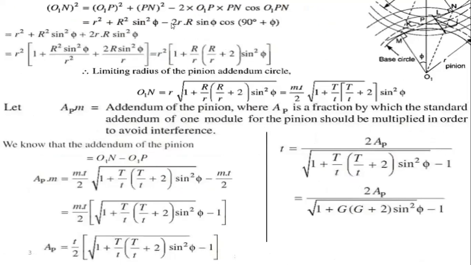So here O1N square is taken as r square plus R square sine square phi plus 2 into R sine phi. So this is the common value for the two radii, that is the radius of the pinion wheel and the radius of the gear wheel also.